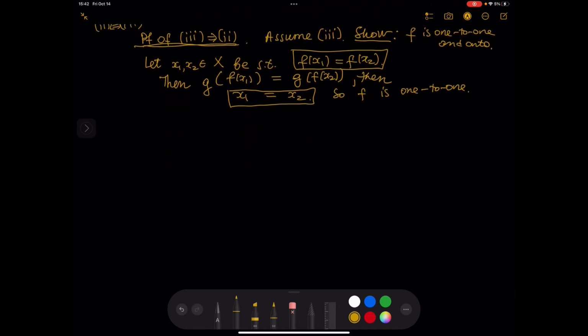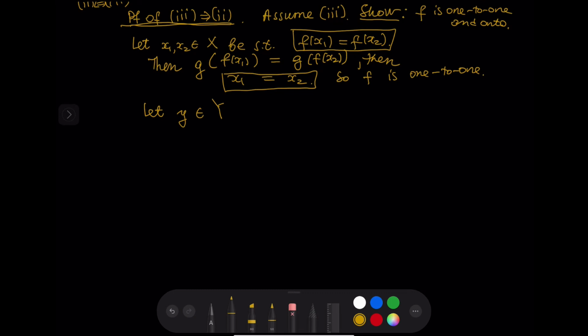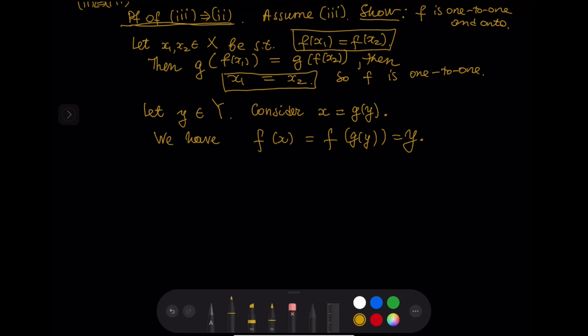So the next thing that we want to show is that the function f is onto. So let y be a point in the set capital Y. So let us consider x equals g of y. So we have that f of x is equal to f of g of y, which is equal to y by the statement III.